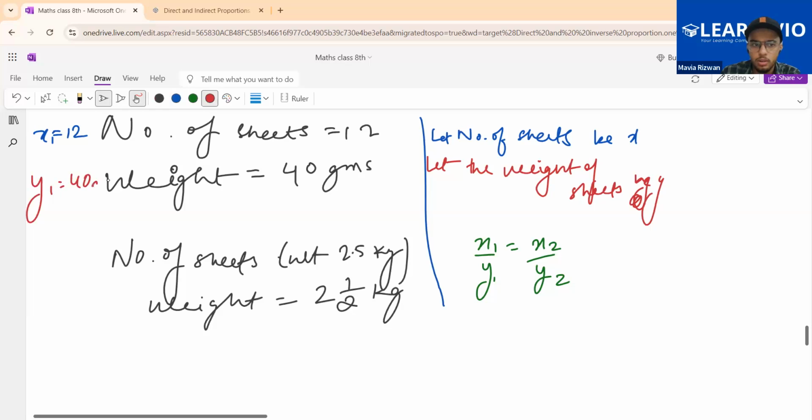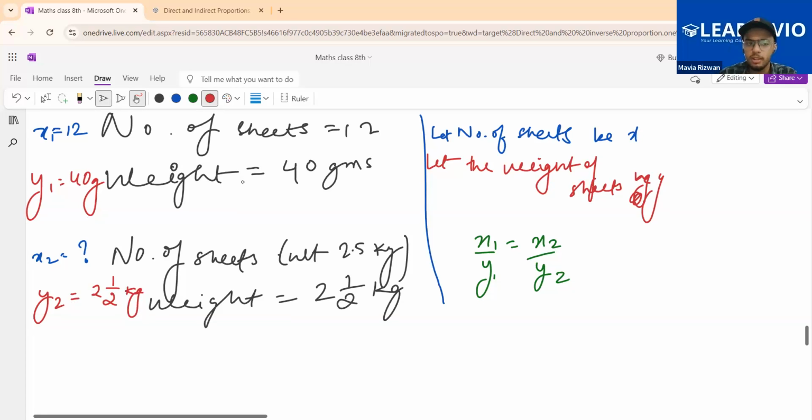Now, Chakrika, you tell me what is X2 and Y2? X2 is unknown, right? X2 we have to find out, and Y2 would be 2.5 kgs. Okay, so these are the values.